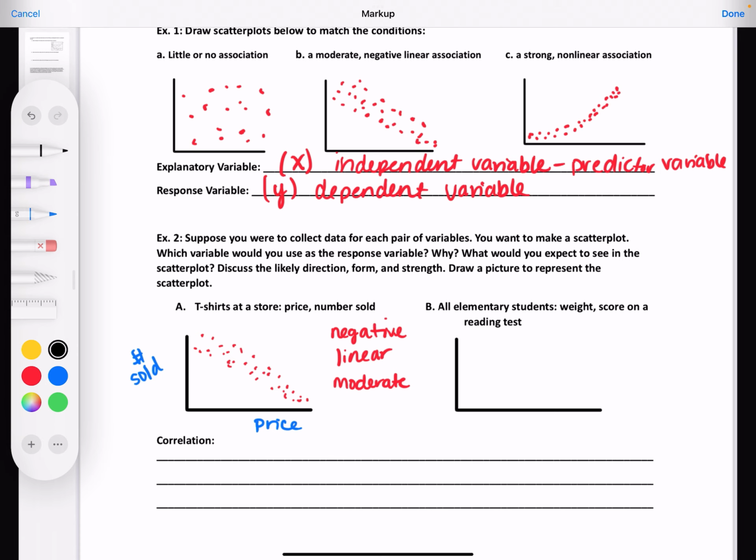Could be all over the place. It's talking about the weight of the test. Weight, and I was like, how do you compare those?